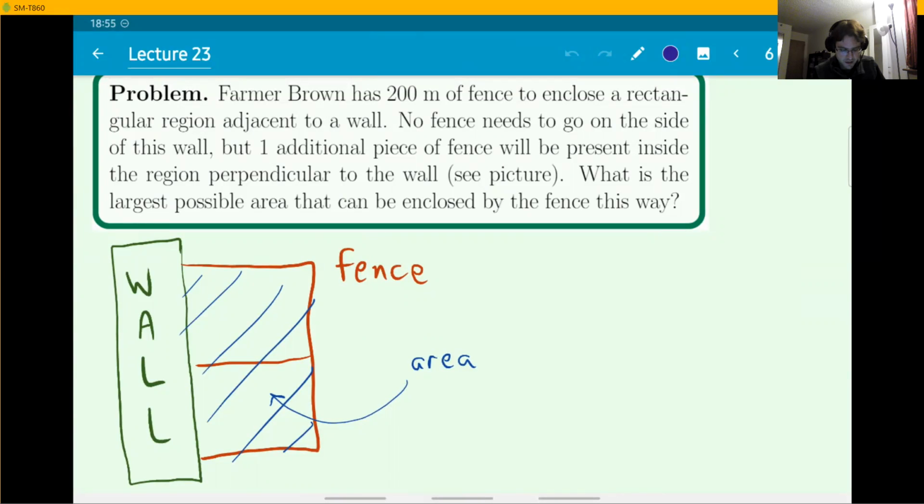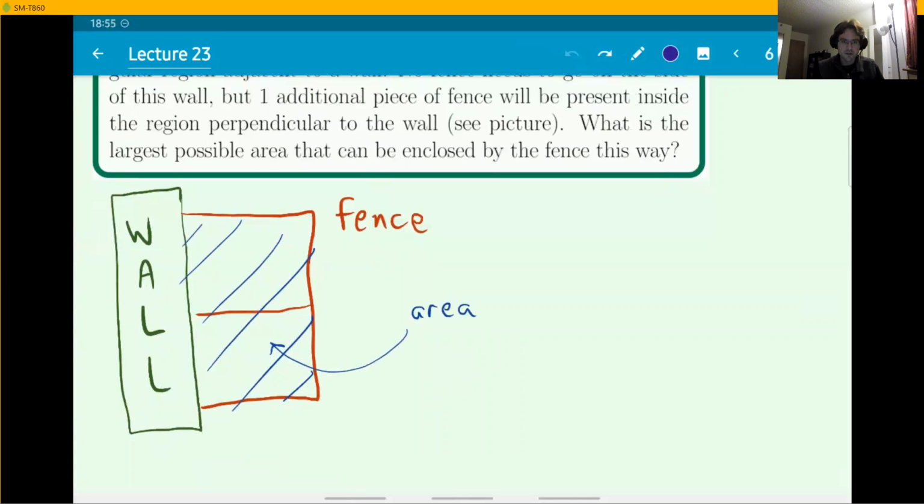See picture. So the fence is in red in my picture here. You see that there is no fence on this side on the wall. There's no need for a fence there, but there is this extra piece inside. What is the largest possible area that can be enclosed by the fence this way? We're talking about the blue area inside of it.